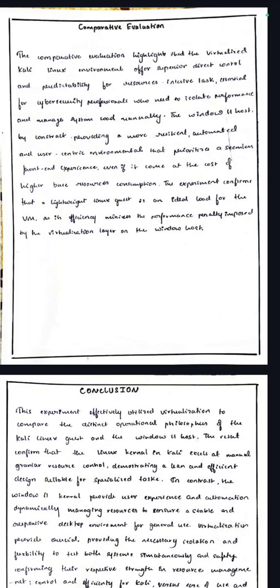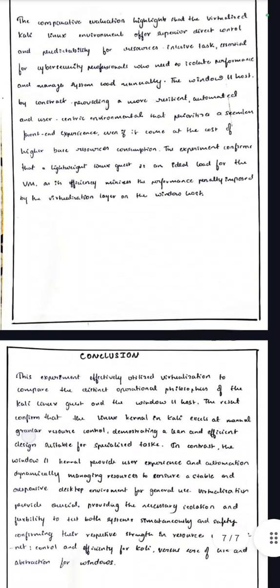Next, comparative evaluation. The comparative evaluation highlights that the virtualized Kali Linux environment offers superior direct control and predictability for resource-intensive tasks, essential for cybersecurity professionals who need to isolate performance and manage system load manually.